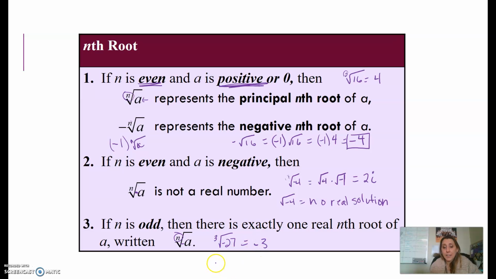And that's because, watch, negative 3 times negative 3 is equal to positive 9. Positive 9 times negative 3 is equal to negative 27. So that is why we get negative 3 as our solution. So if it is odd, then we do have an answer, and we need to find it. It could be negative, it could not be. It depends.